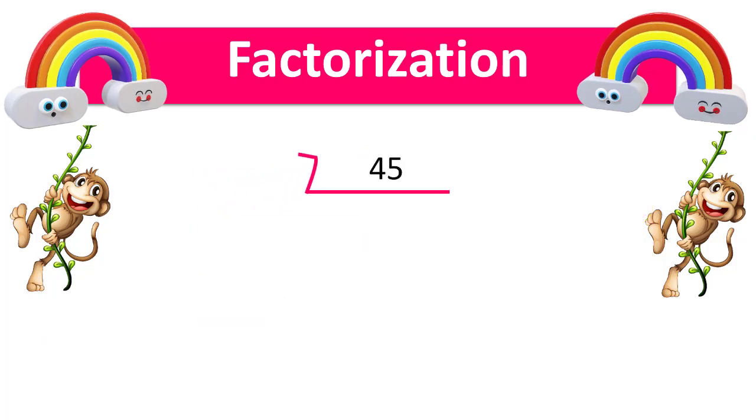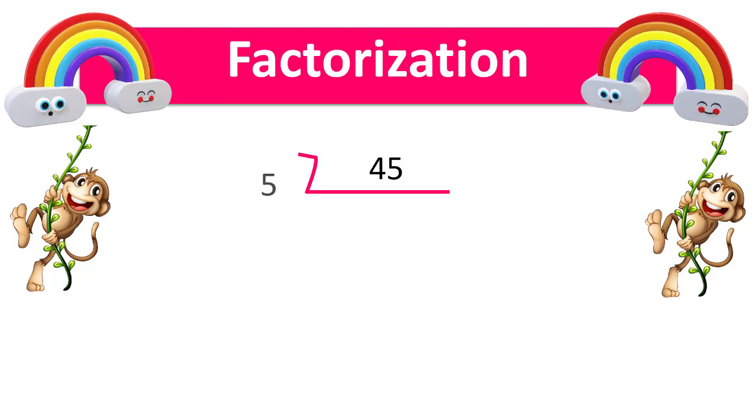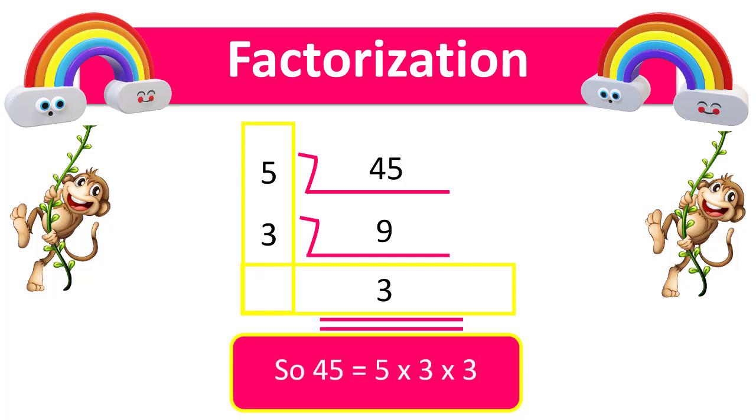Next. 45. What number can divide 45? It's 5, right? So, 45 divided by 5 is 9. And what number can divide 9? Very good. It's 3. 9 divided by 3 is 3. So the factorization of 45 is 5 times 3 times 3.